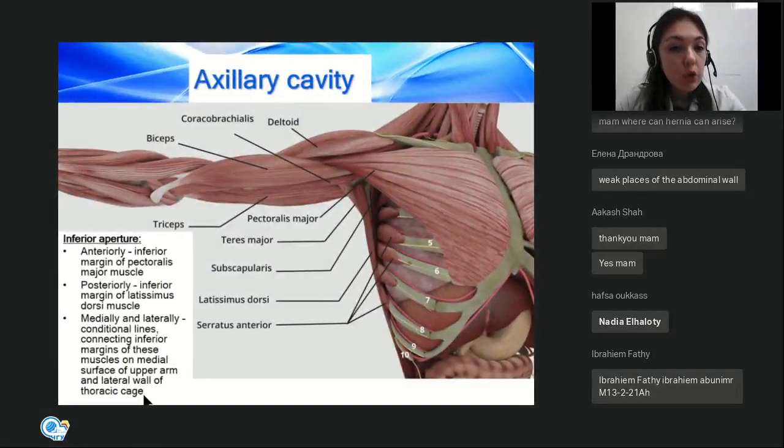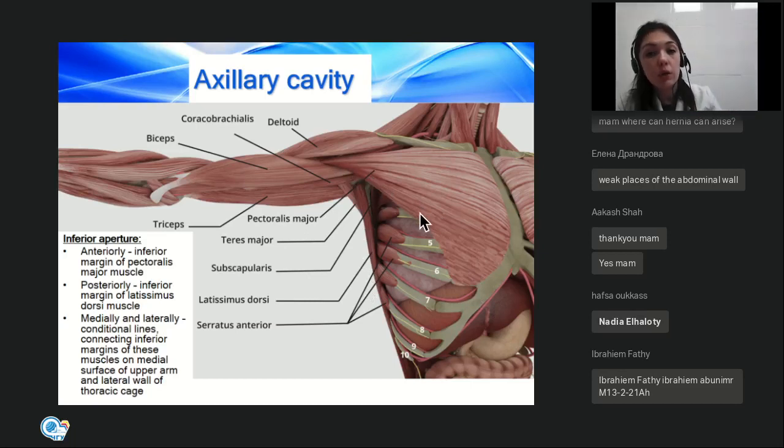The inferior aperture of the axillary cavity is formed by the inferior margins of these muscles, which form the walls. Anteriorly, it is the inferior margin of the pectoralis major muscle.